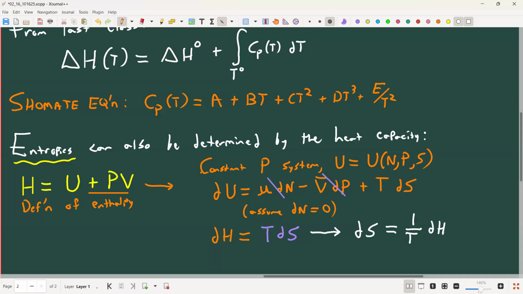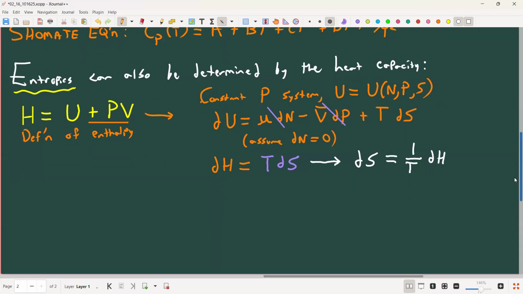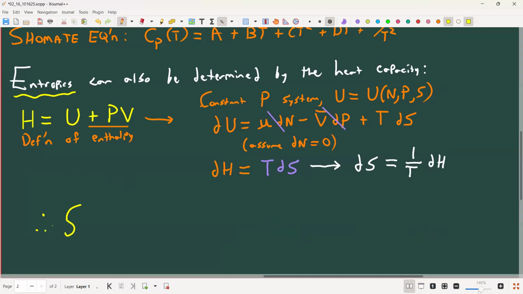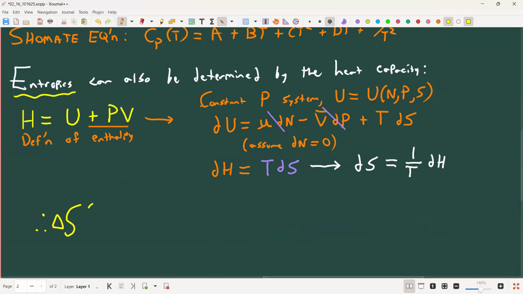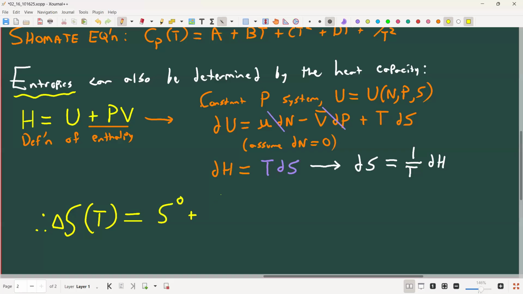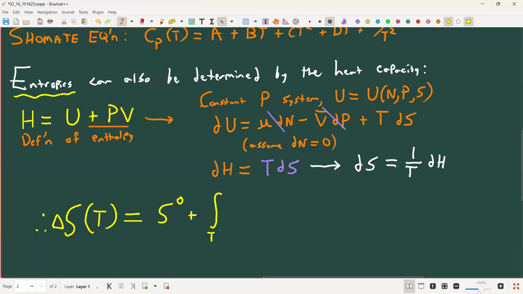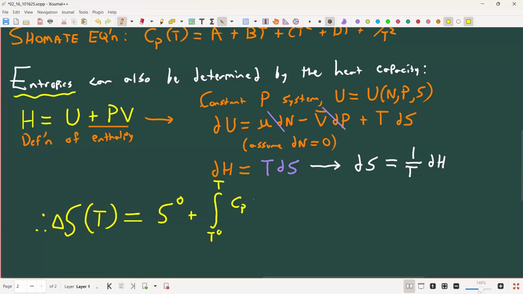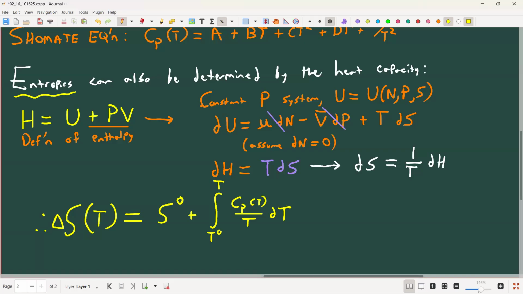All right, so all we have to do to calculate entropy is take the enthalpy and divide by T. So therefore, the change in the entropy at some temperature of our system is equal to a standard entropy plus the integral from our standard temperature to a new temperature of the heat capacity divided by temperature, dT.